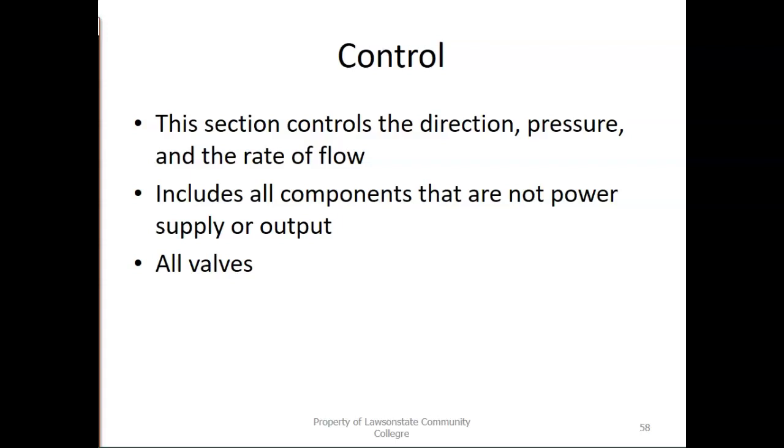So they're not all dissimilar. What flows in electricity? Electrons. You're making electrons flow. Here, you're making fluid or air flow. And it all does it to do a job. Does that make sense? And then everything else is a control.